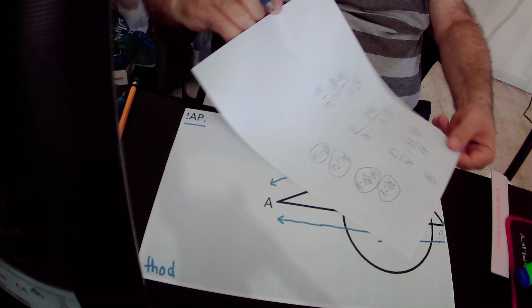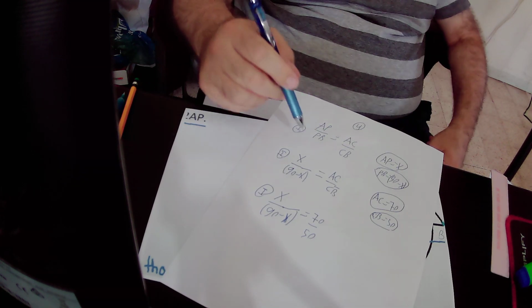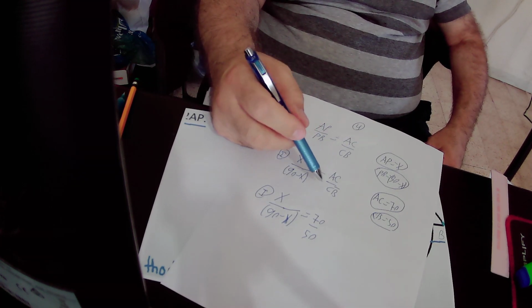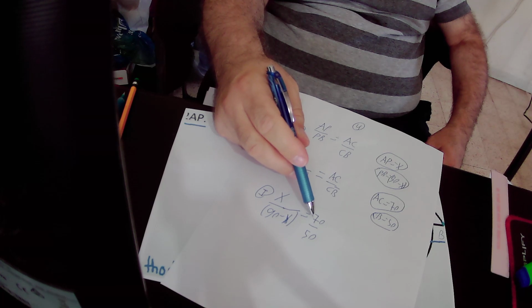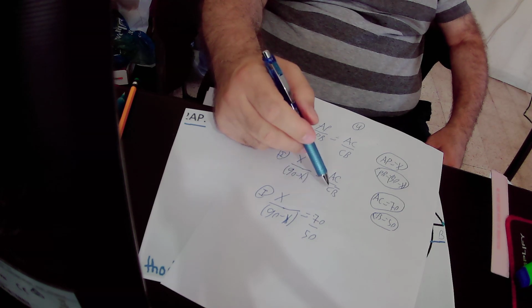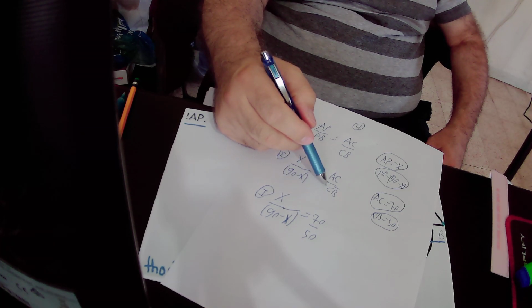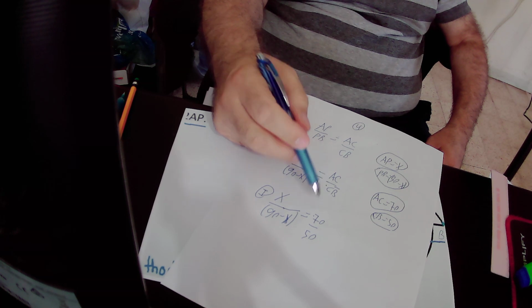Again, I repeat, AC equals 70 units, so we can substitute AC by 70, and CB equals 50 units, so we can substitute CB by 50.